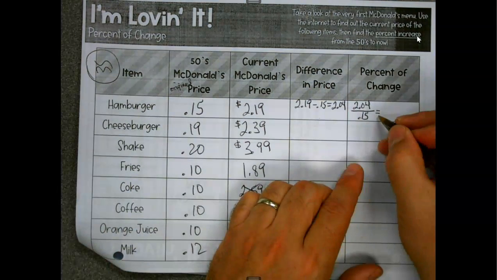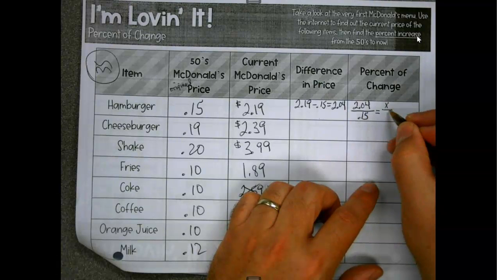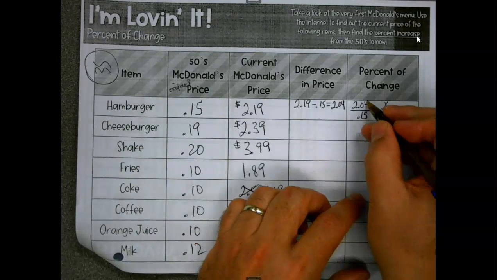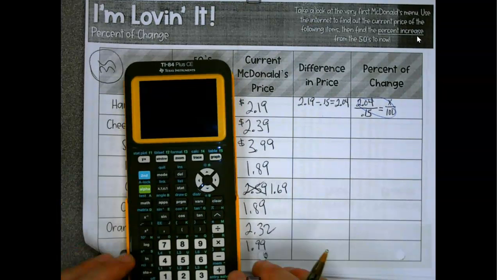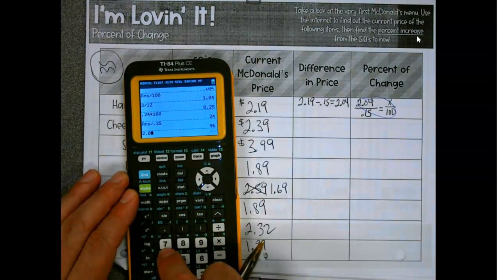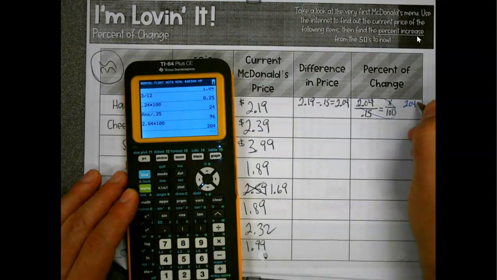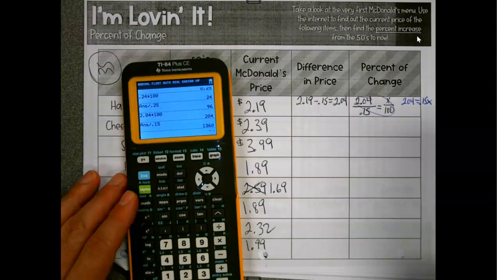And if you do that, you can just multiply that by 100, whatever decimal you get out. Or if you're more of a proportion person, we can do that. And then just divide that 204 by 0.15.